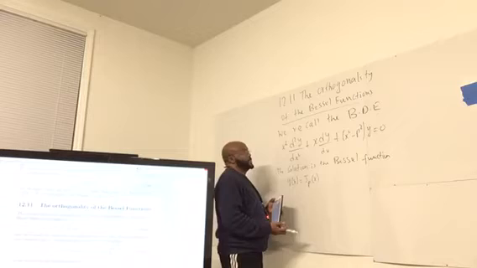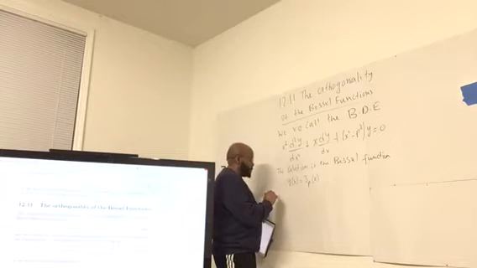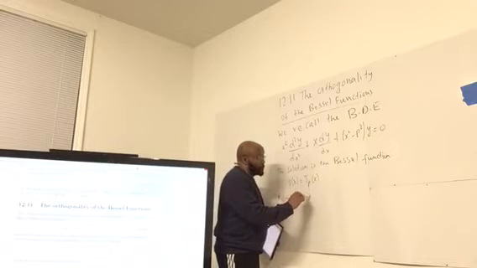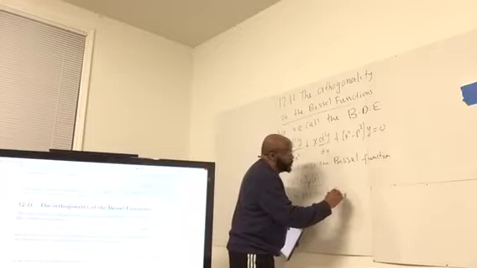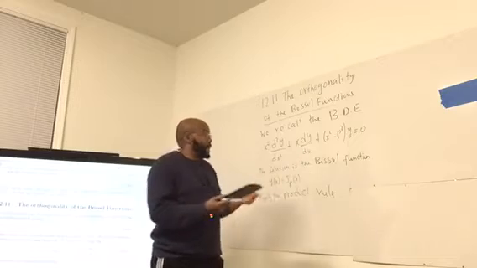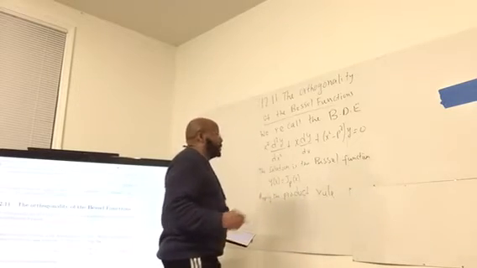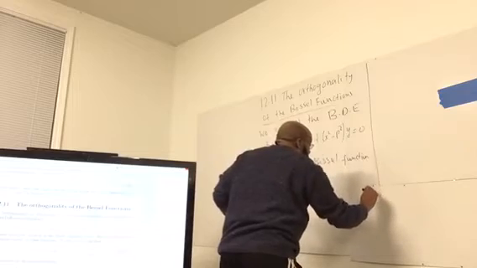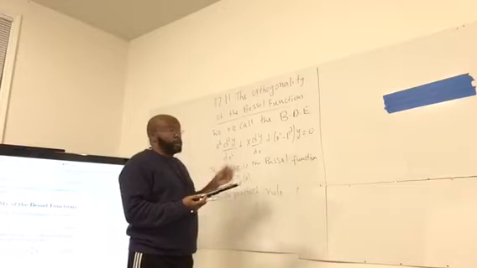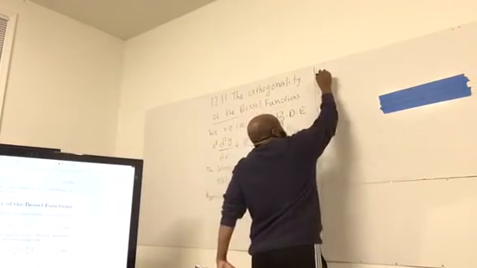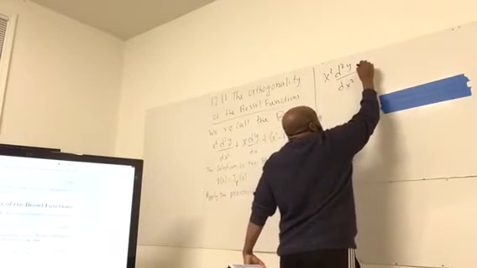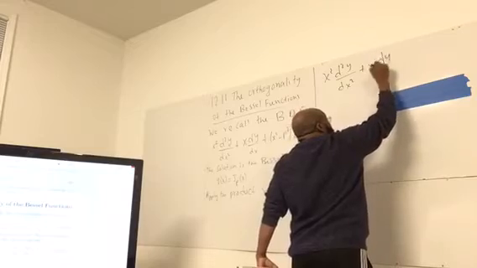So I apply the product rule for these two terms, this and that, and I can put these two terms in the following form: x squared d squared y by dx squared plus x dy by dx.